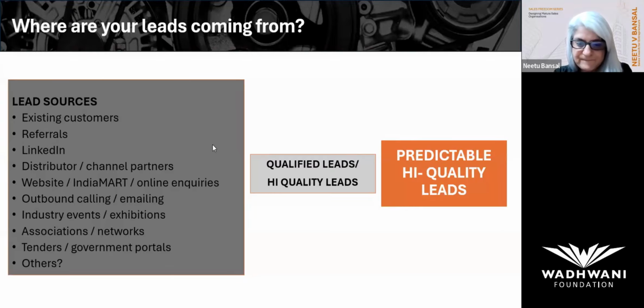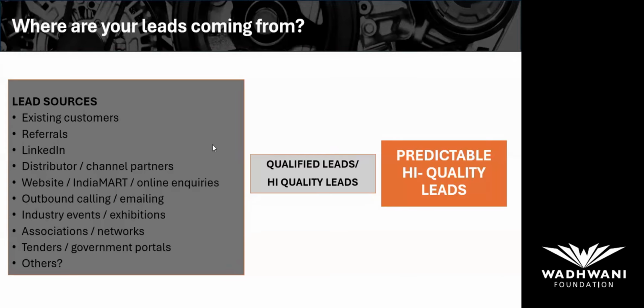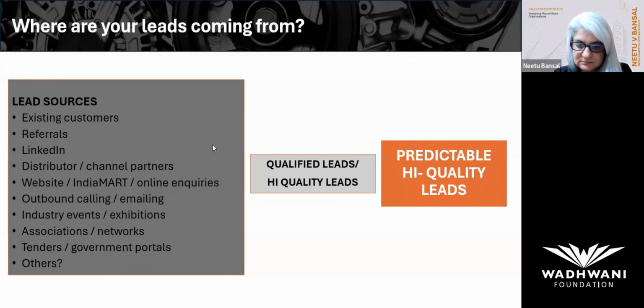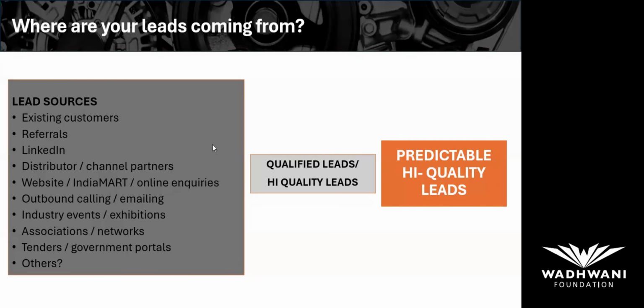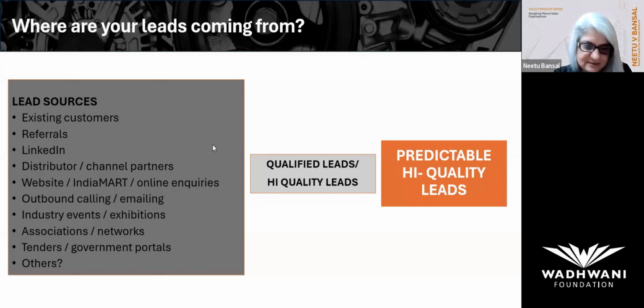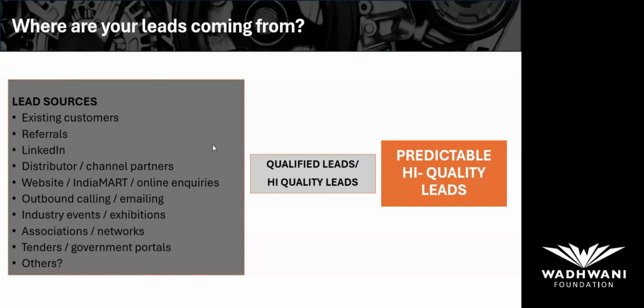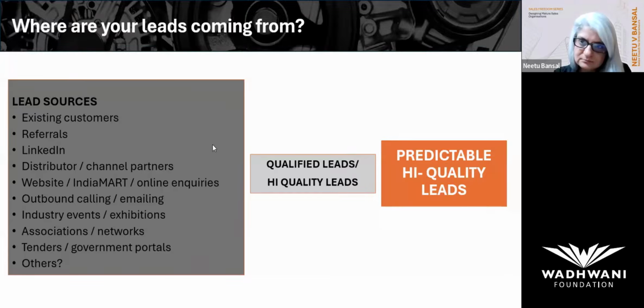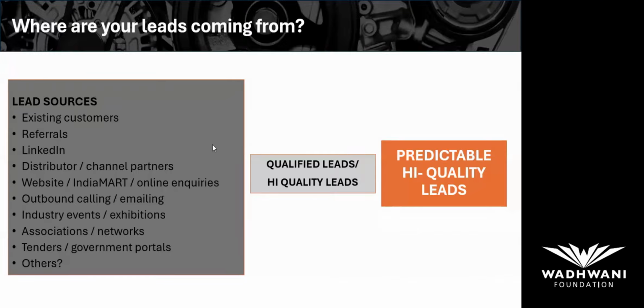We made five parameters: level of urgency, whether the budget is approved or not for that specific project, and the level of person we reach, whether the decision maker or an influencer. Based on the rating, we started approaching so that we can qualify the lead better.